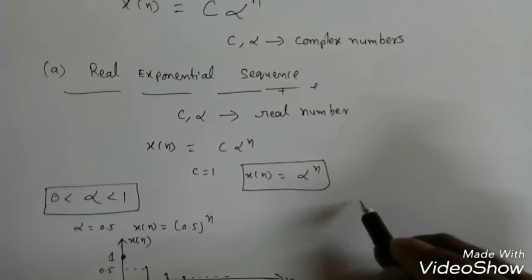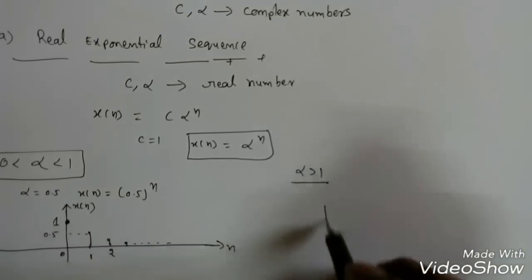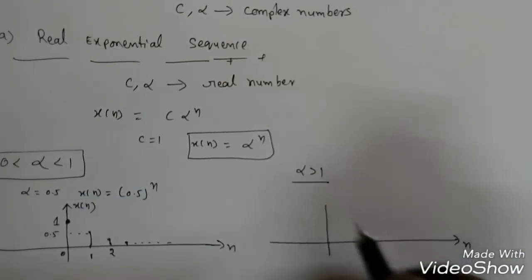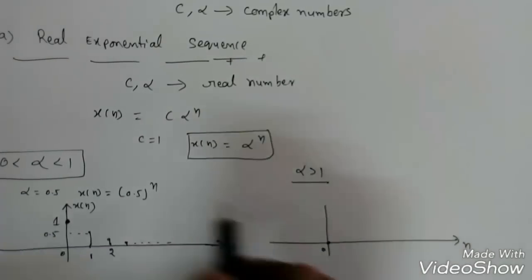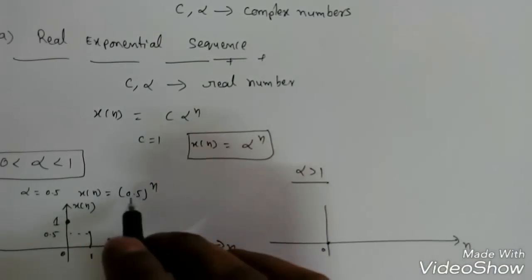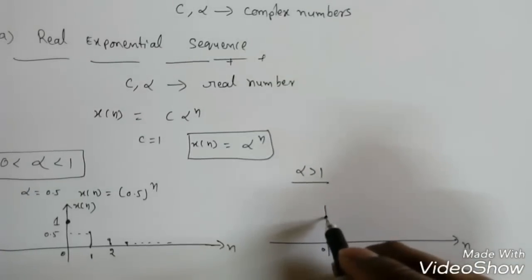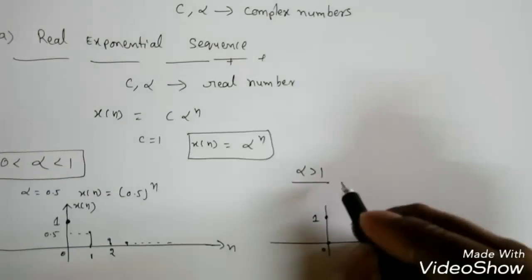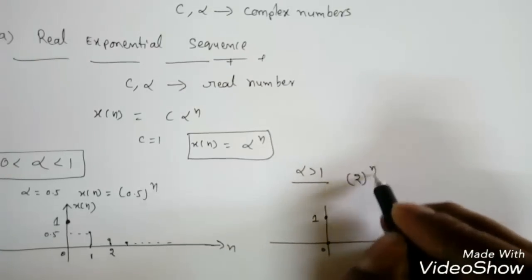Suppose alpha is greater than 1, then we will get one more different sequence. If n is equal to 0, alpha power 0 is 1 only, so again we will get 1. Now greater than 1 means suppose 2. So what is x of n? 2 power n.